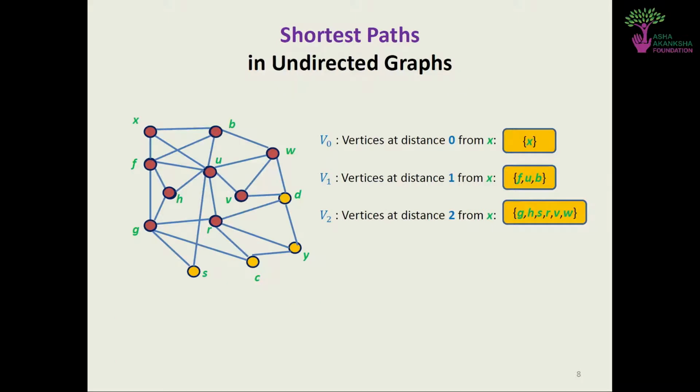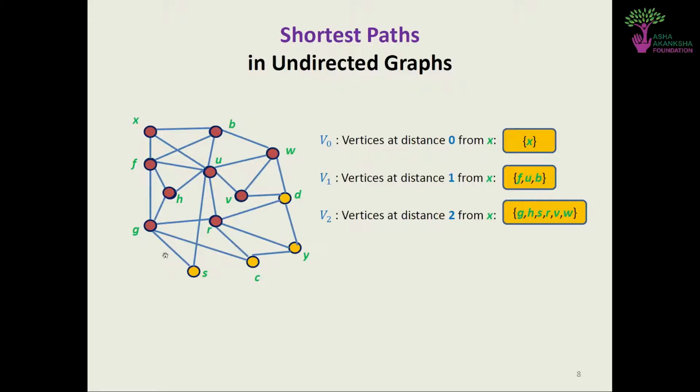So let's come to f, which was part of v1. Let's see all the neighbors of f. x is a neighbor of f, b is a neighbor of f, u is a neighbor of f, h is a neighbor of f, and g is a neighbor of f. So these 5 vertices are neighbors of f.